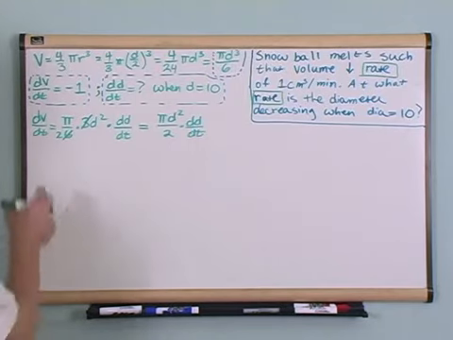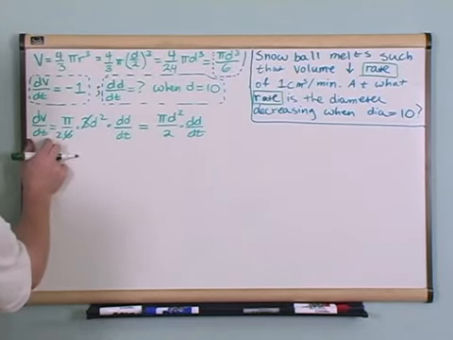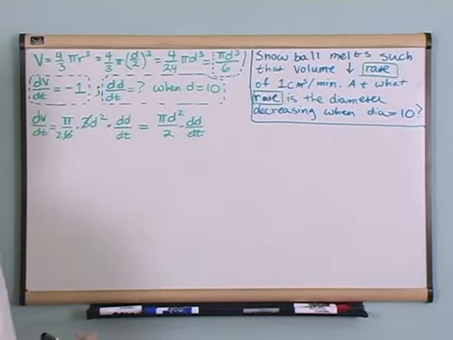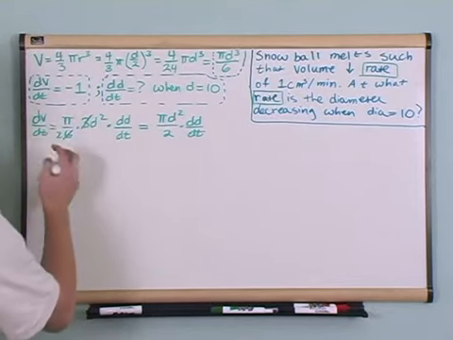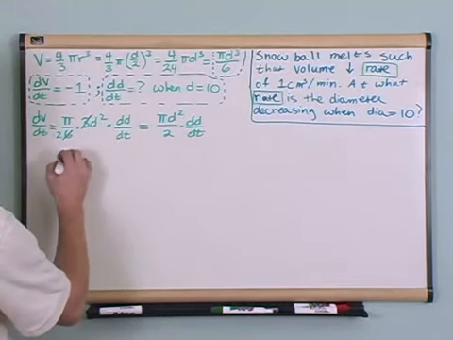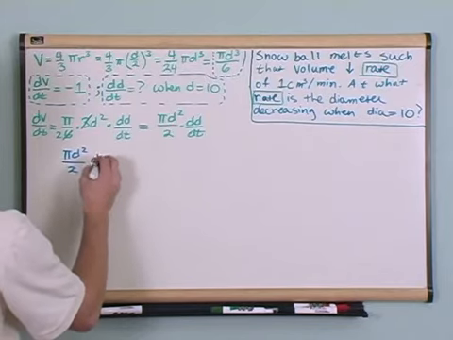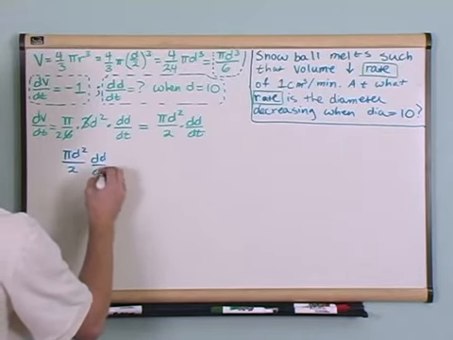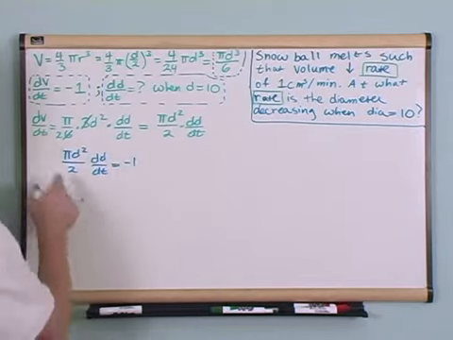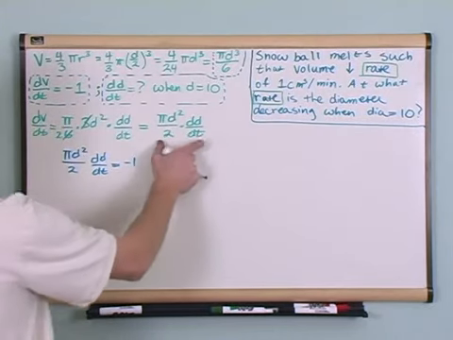But we know what dv dt is. It's equal to -1. So I'm going to switch colors here just to make things clear. So what you're going to do here is write pi d squared over 2 times dd dt equals -1. What you've done is you've calculated dv dt and arrived at this.